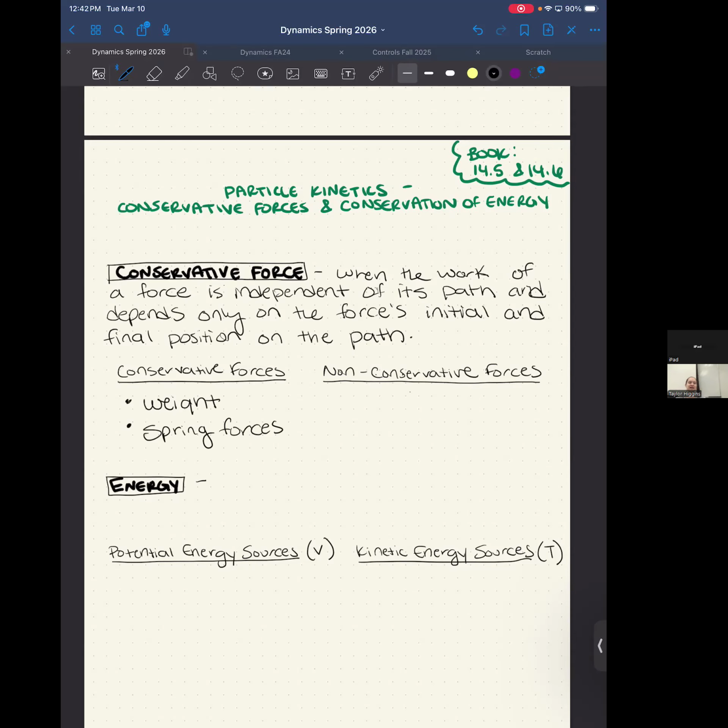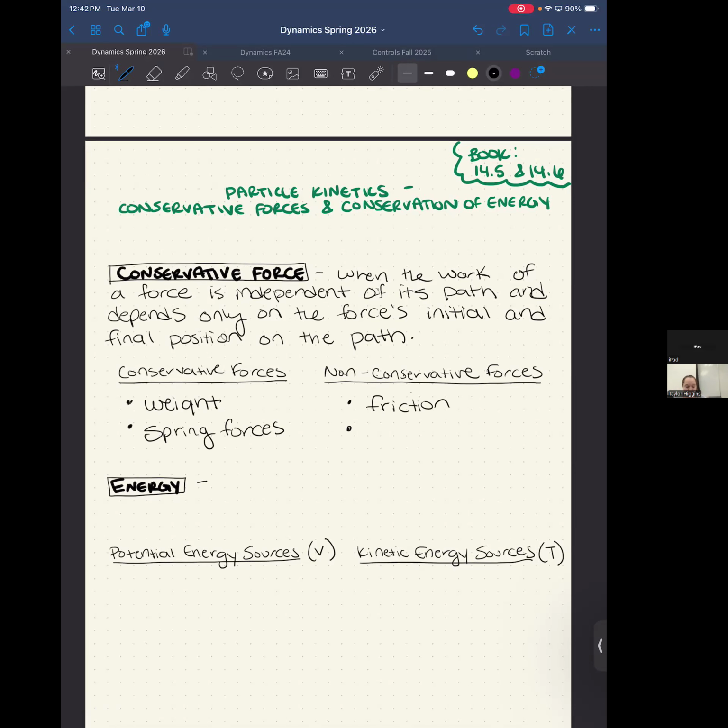Does anyone want to take a stab at a non-conservative force? Beautiful. That is like the number one example. However, we will also see in this class sometimes externally applied forces, and I'll draw a picture to show what that means.